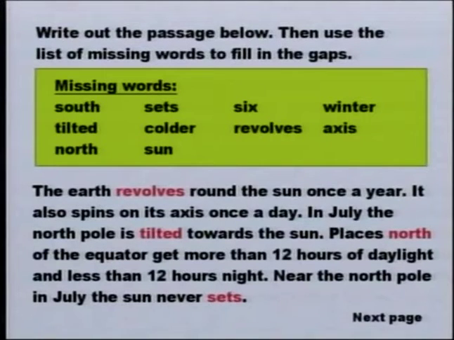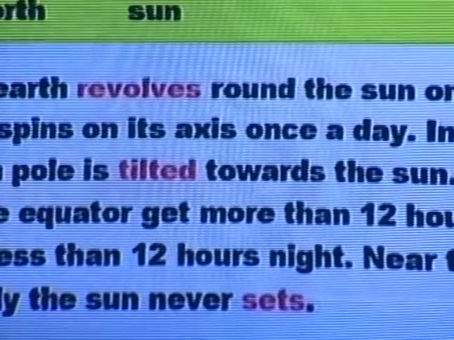The sun revolves. That's the word that should go there, around the sun once a year. Oh, sorry, I'll repeat that statement. The earth revolves around the sun once a year. Okay, not the sun, the earth. The word revolves to go in that space. It also spins on its axis once a day. In July, the North Pole is tilted. That's the word that should go in that blank space, towards the sun.